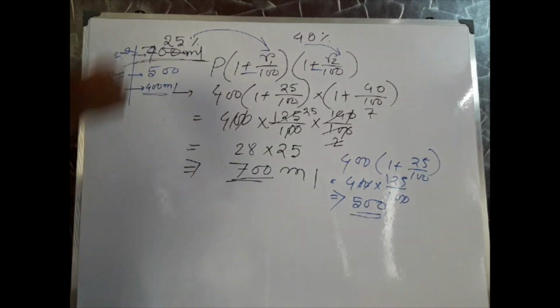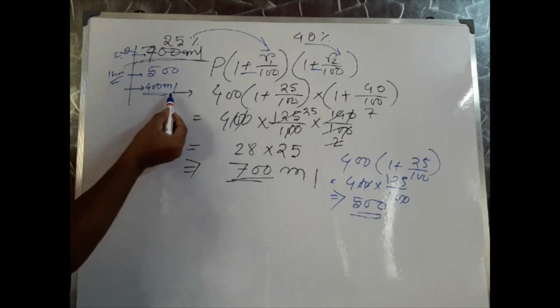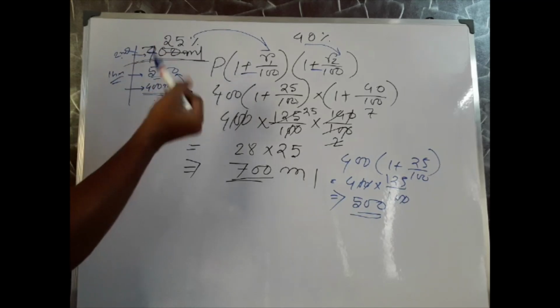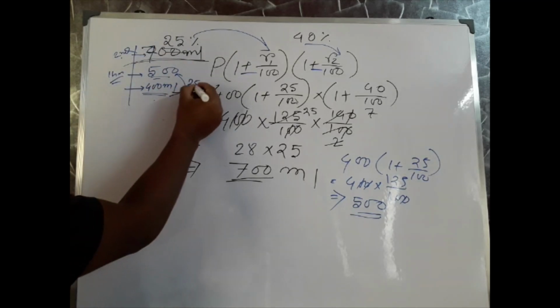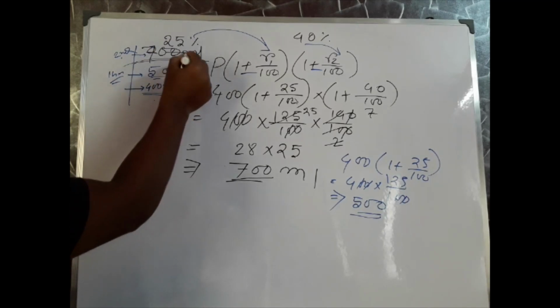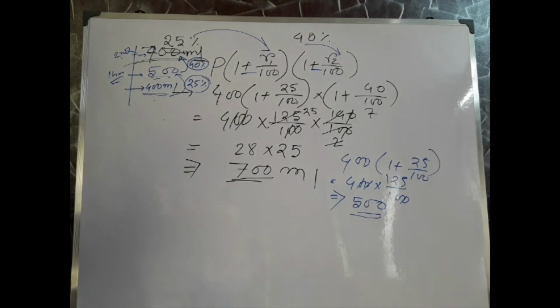You can also look at it on the scale, like 400 to 500. Going from 400 to 500, the actual rate of increase is 25%. And going from 500 to 700, the actual rate of increase is 40%. That is the case. This is a very basic content of growth and depreciation. We will move on to the typical questions.